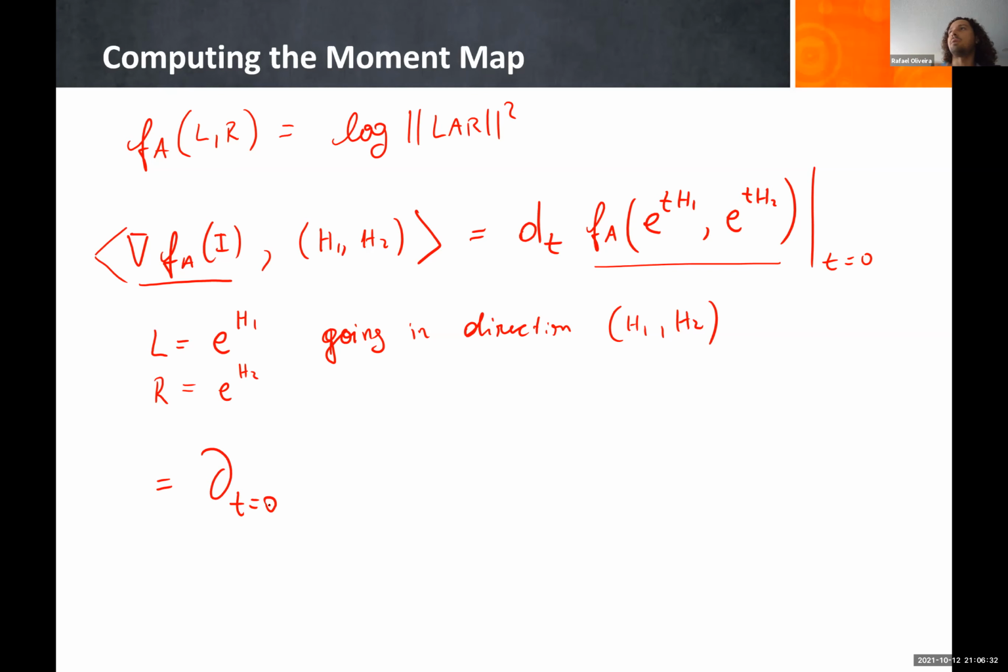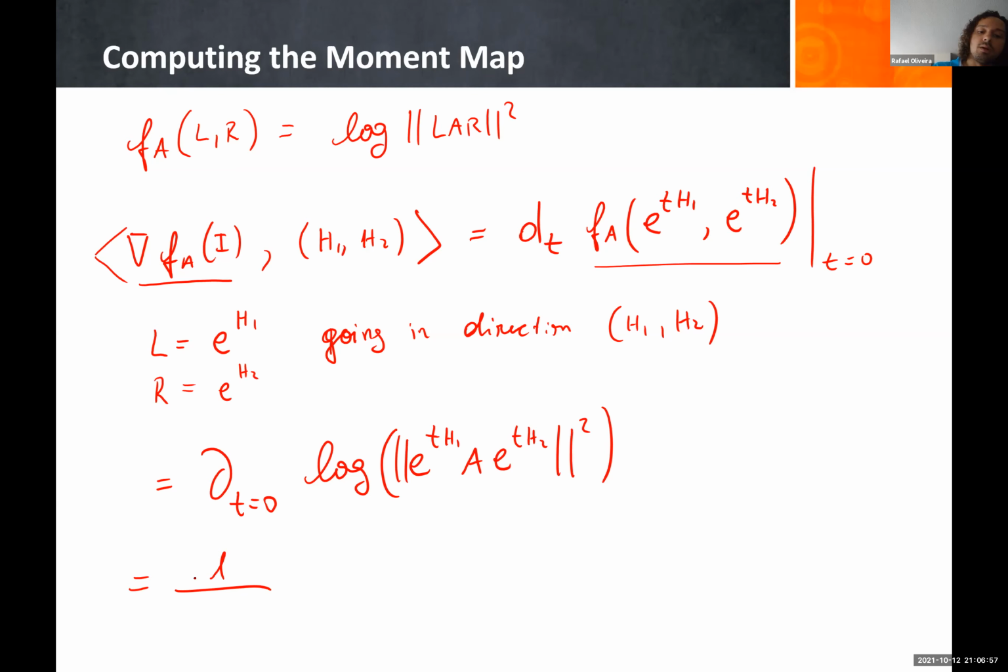So the derivative in t, evaluated at t equals 0, of this function, log of the norm of e to the t h1, a, e to the t h2, norm squared, right?